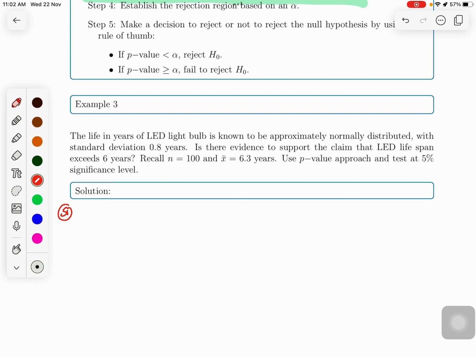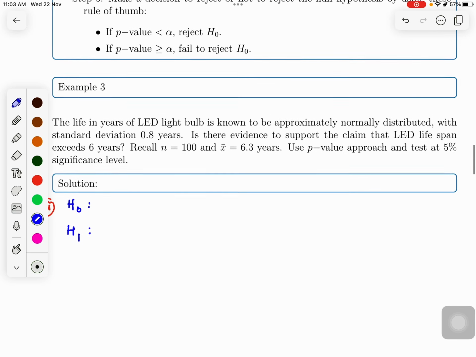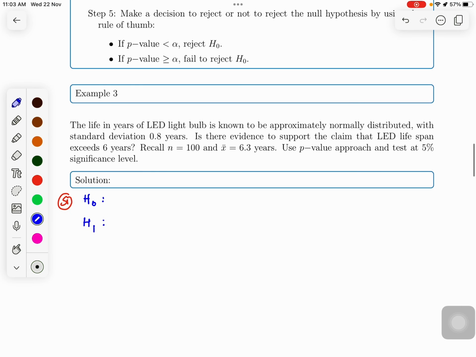null and alternative hypothesis. So this one is about average. So what information that can help you to solve this question is this word, exceed 6 years.